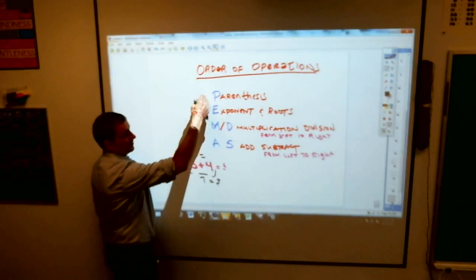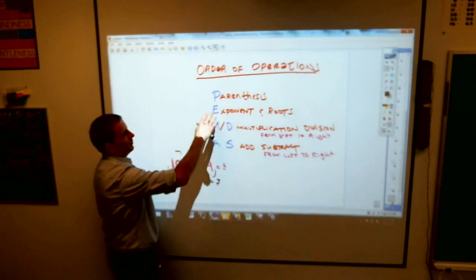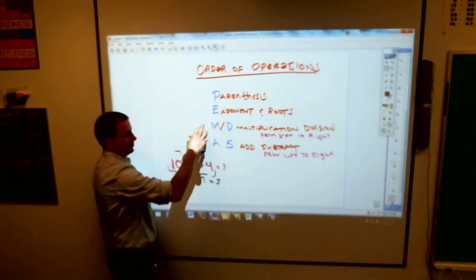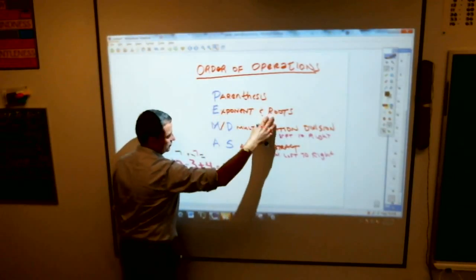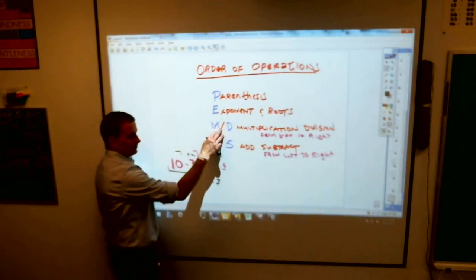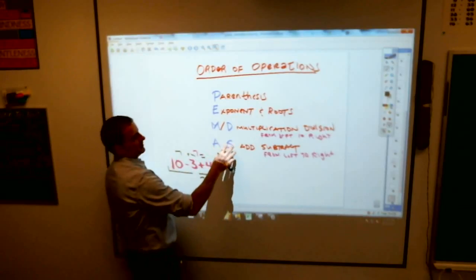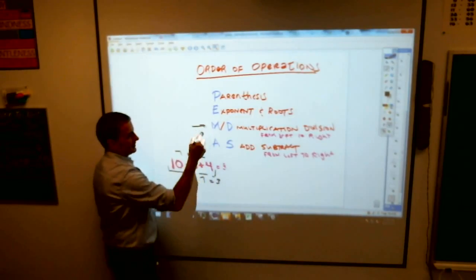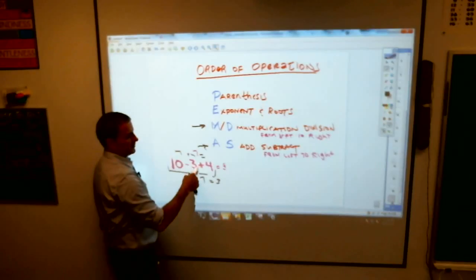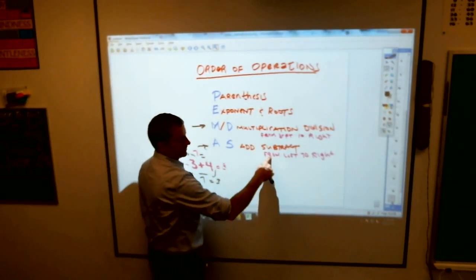This is the order that you do problems if you're given the choice. Well, there are no parentheses there yet, so you don't have to worry about that. We don't have any exponents and roots, and we'll get to that later. Before you do any addition and subtraction, you have to do multiplication and division. Well, there's no multiplication and division there. Addition and subtraction fall on the same level, because this has both in it. When you have both of them, you work it just like you read it.